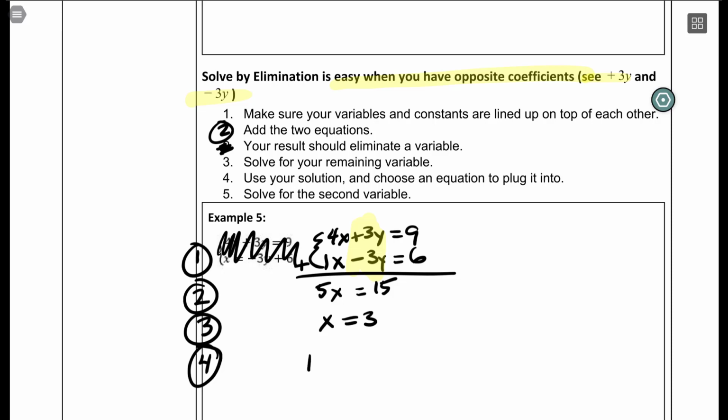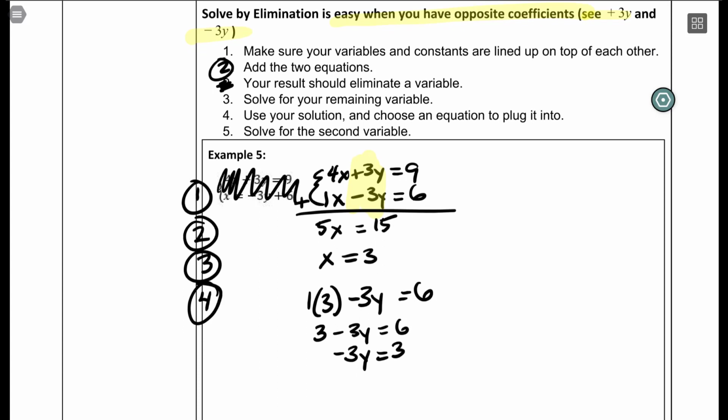So I have 1 times 3 minus 3y equals 6. 3 minus 3y equals 6. Let's go ahead and subtract 3 from both sides, giving me -3y equals 3. And then the next thing we do is divide both sides by -3, and we get y equals -1.